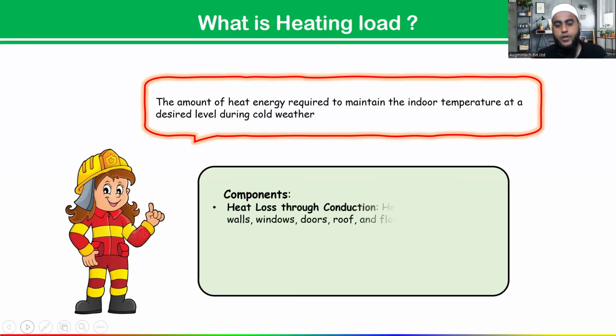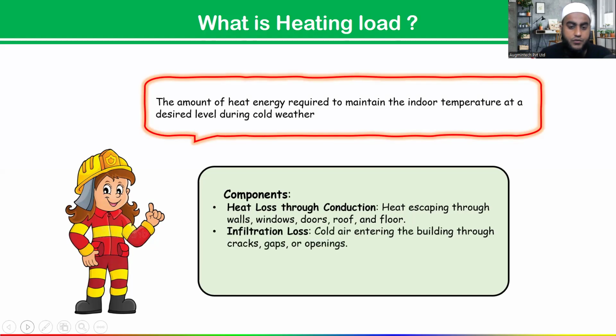And here some components are given, which we have to calculate to find out the heating load. First, we need to calculate the heat loss through conduction, means the heat escaping through walls, windows, doors, roof and floor. Then we have to calculate the infiltration loss, because cold air enters the building through cracks, gaps or openings.